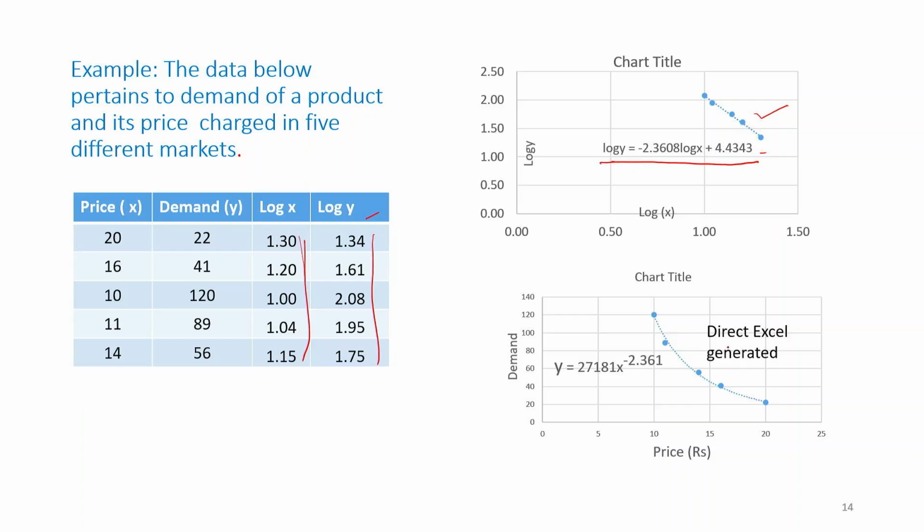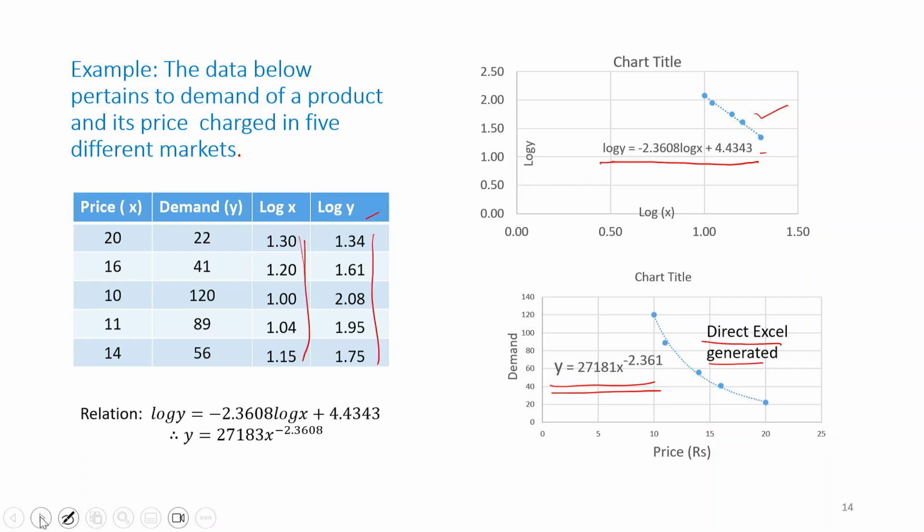If I go directly by the power law from Excel, then this is the equation that we get. So both of them were generated by Excel only, and the relationship that we get using log values is this.